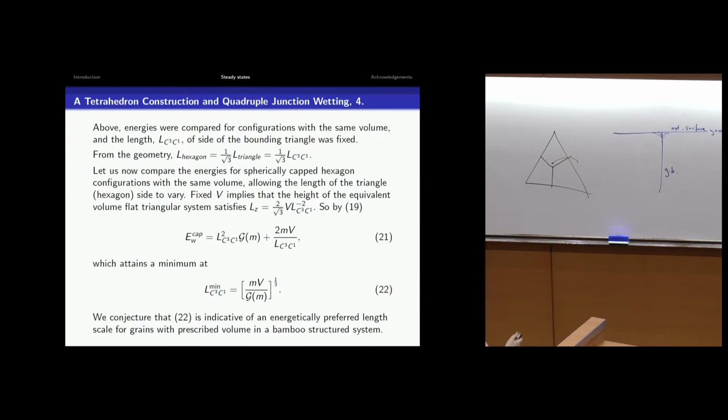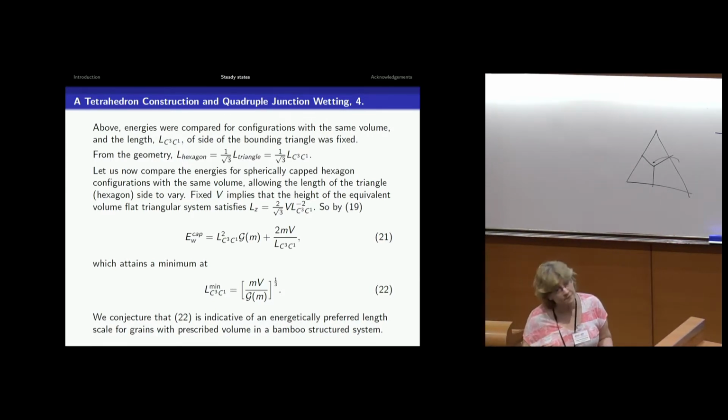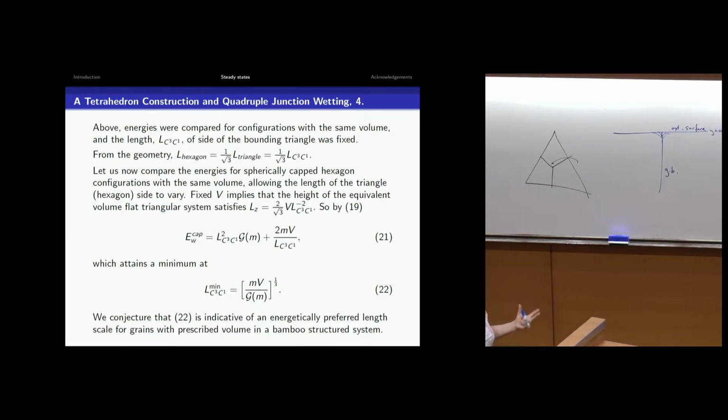Okay, and then it turns out that there actually is some best size of triangle if one dictates the volume of the grain, which perhaps has some experimental implications. Given you know roughly what the size of the grains are, what roughly should their dimensions be?